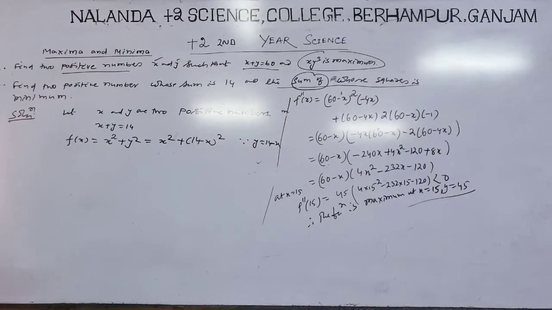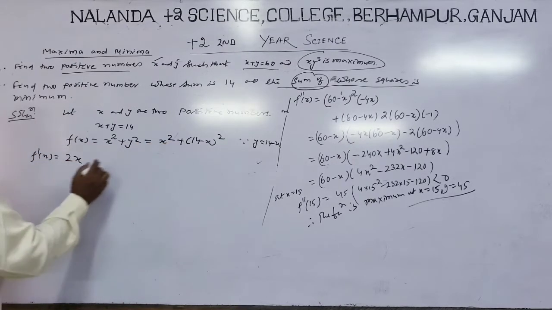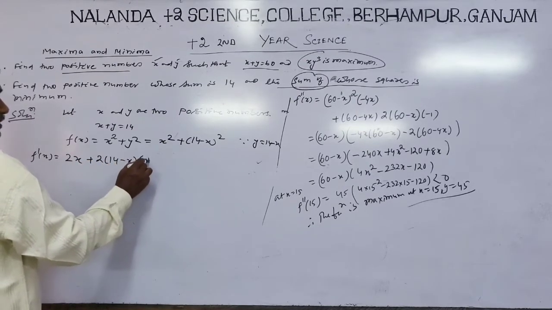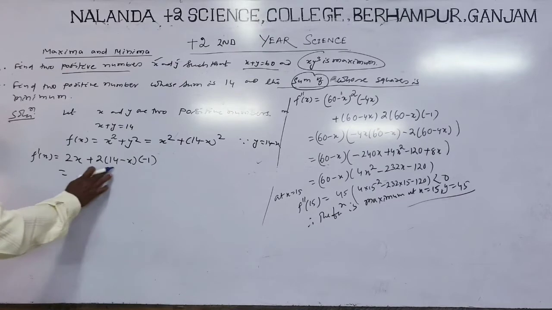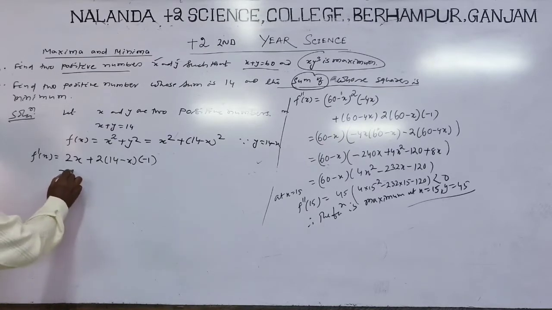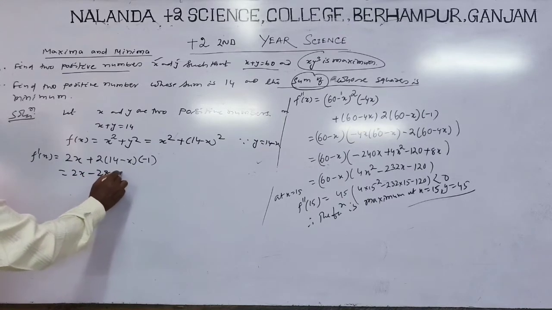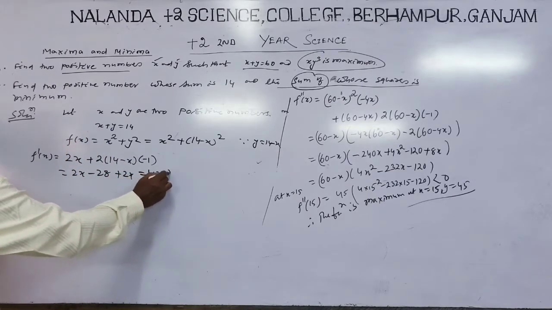Okay. Now what is f dash x, find out. Same logic. f dash x equal to derivative of x square, 2x, plus 2 into (14 minus x) into minus 1. So 2x minus 28 plus 2x, so 4x minus 28.